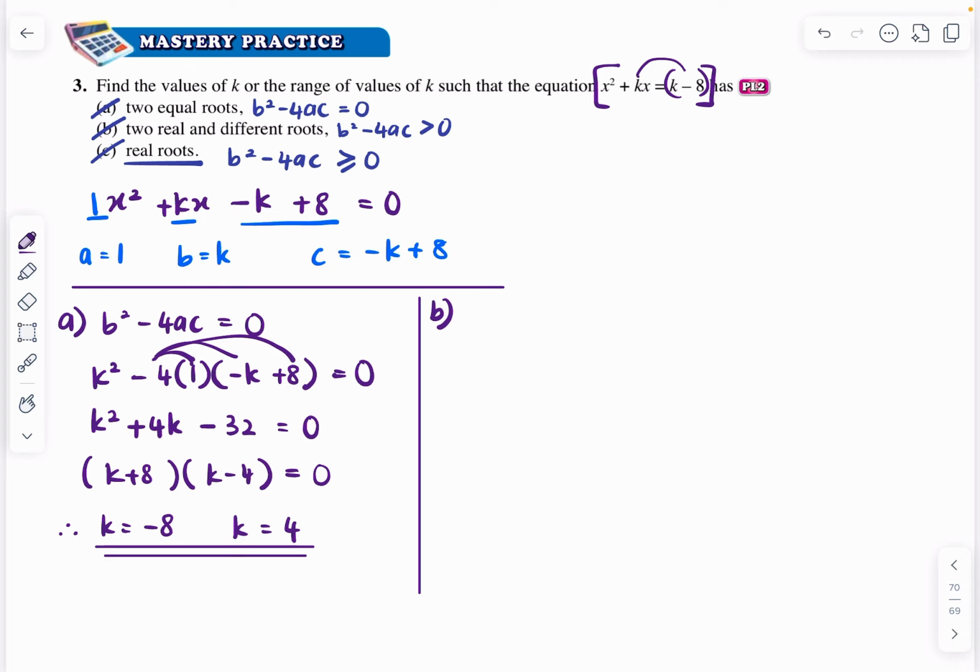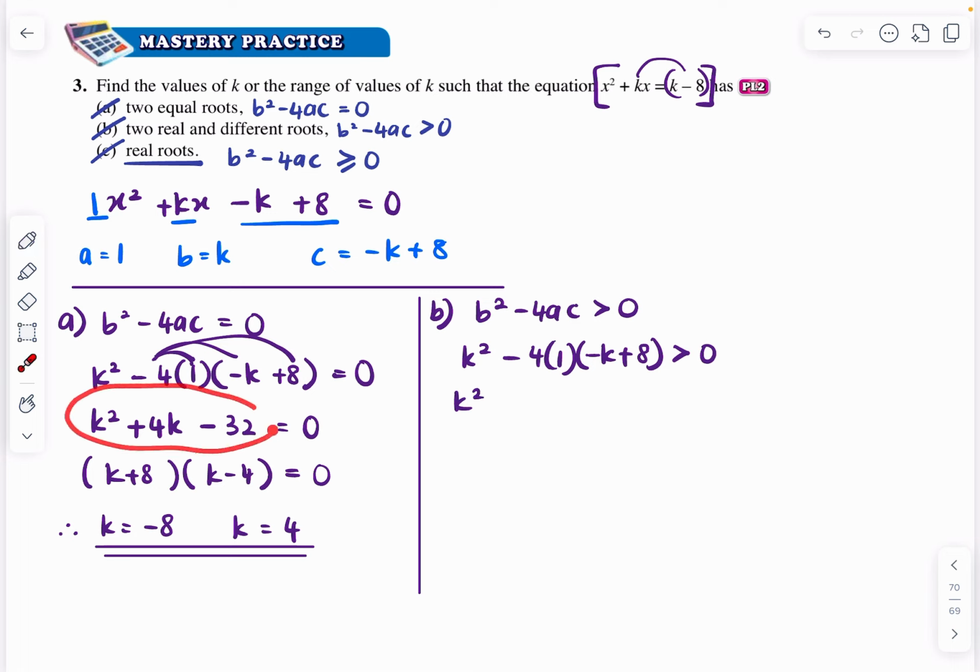Two real and different roots, so b square minus 4ac more than 0. K square minus 4ac more than 0. So you expand this, you'll get the same thing. Just that this one must change to more than 0.